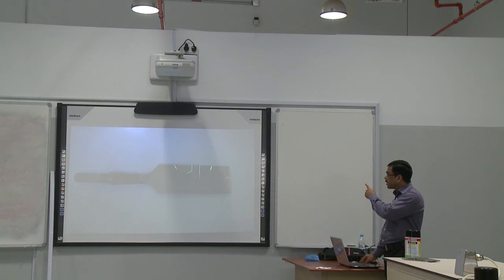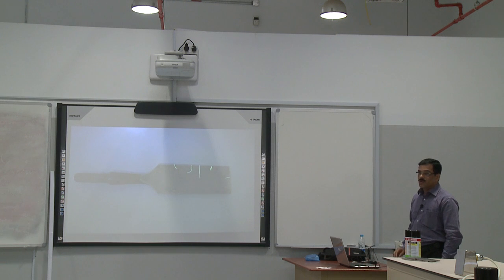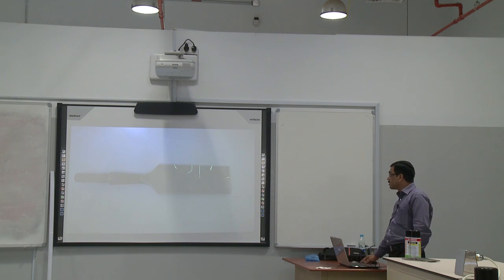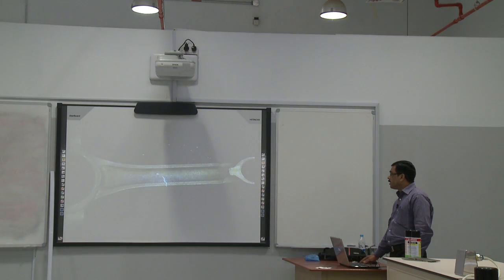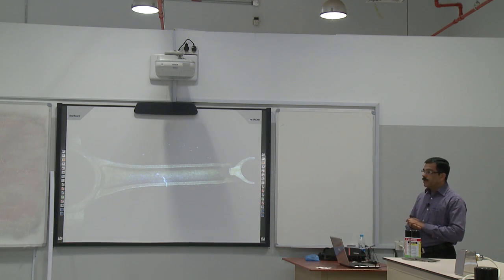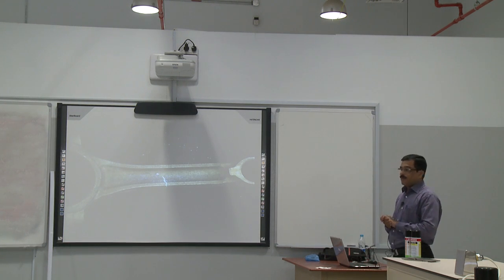See, very clear indications we are getting in the UV lamp, the fluorescent lamp, the crack indications. Any material, any type of material, any configuration, we can apply the penetrant testing process.